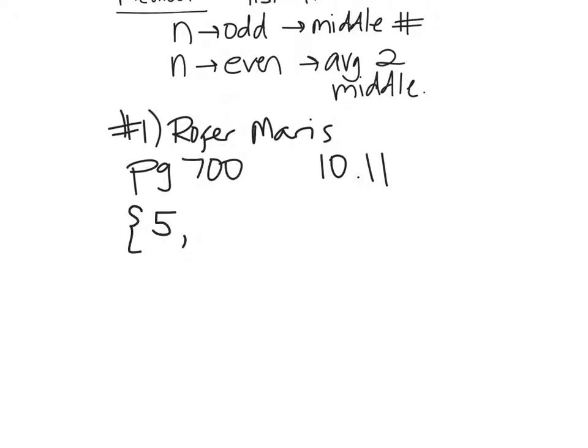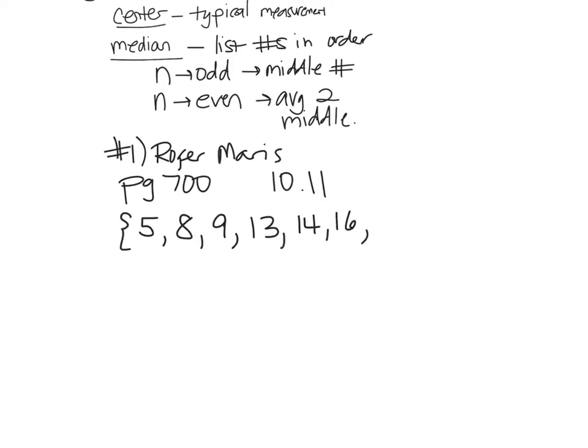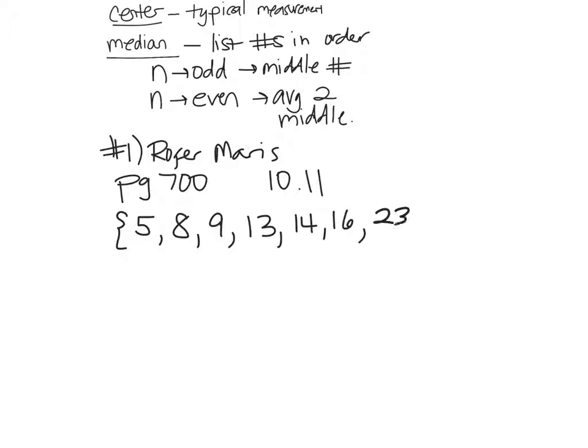The next one would be what? 8, and then 9. Okay. And then he hit 13, 14, 16. After that was 23, 26, and 28. And then the 30s was 33 and 39.